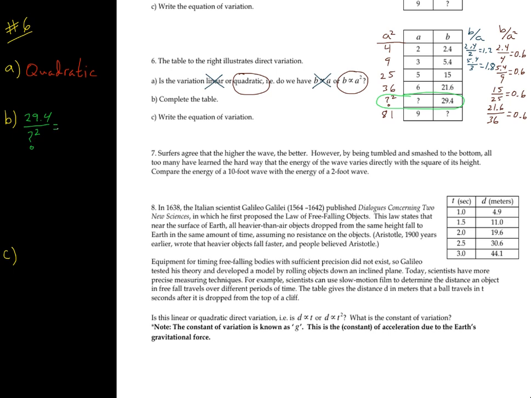That has to come out to be this constant of 0.6. So rearranging here, if I multiply this over and then divide the 0.6 over, the square of the unknown, if you divide 29.4 by 0.6, you come up with 49. So then that would tell us that this unknown here would be 7.